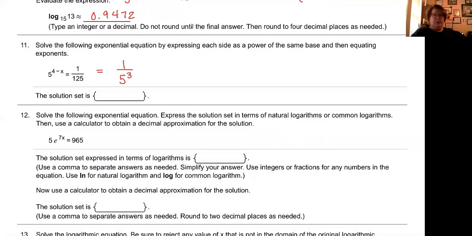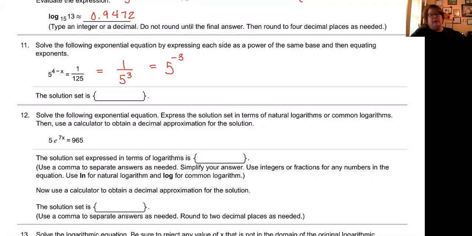And then I can use the laws of exponents. The laws of exponents says that if I have a number raised to a power in the denominator of a fraction, I can rewrite that in the numerator raised to the negative exponent. So this is 5 to the minus 3. 5 to the minus 3 and 1 over 5 to the third are the same thing.